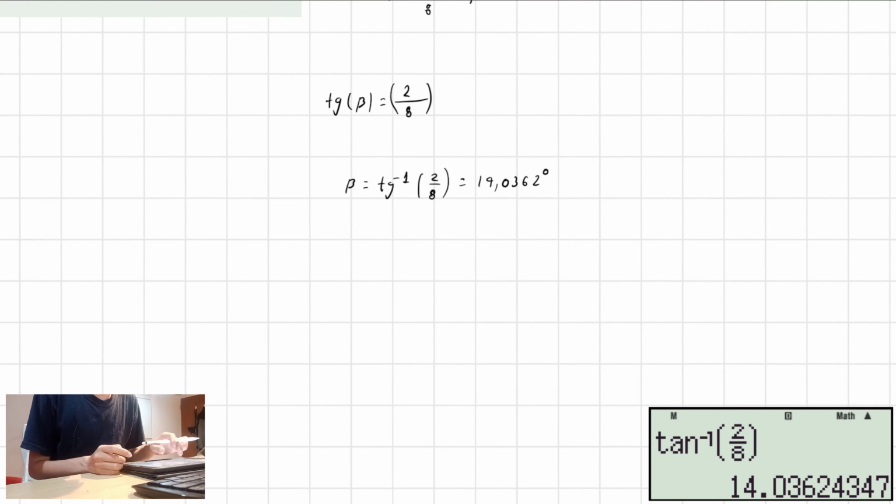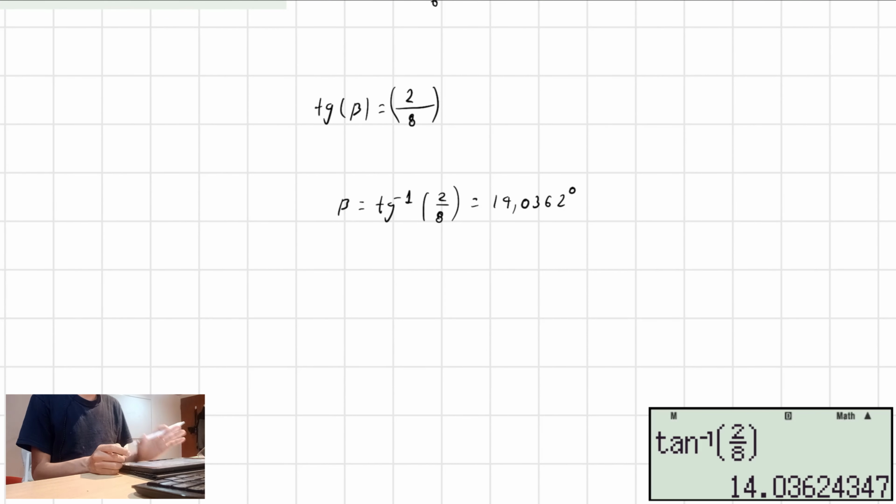Now, why do I need this angle? Because I need the unit vector. A unit vector is a vector that points towards the same direction of the initial vector, but the magnitude is always 1. The unit vector is used for us to play with the direction of the vector without taking into account the magnitude, because it is always 1.